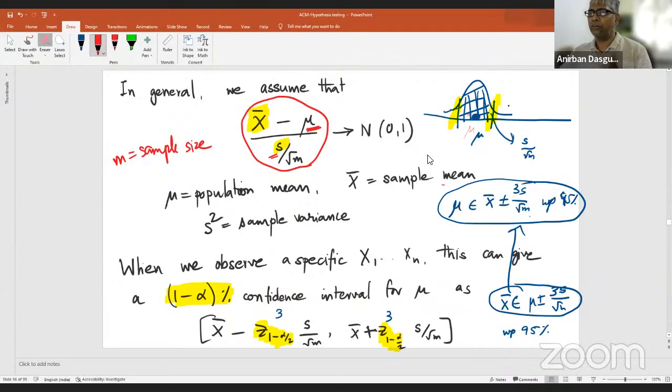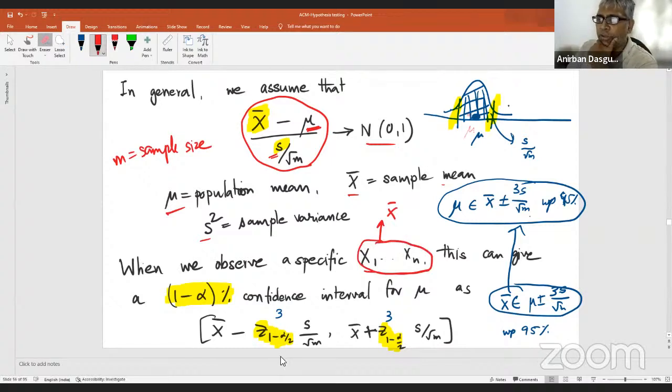Now we say that this approaches N(0,1), where these are the corresponding quantities, and suppose we observe a specific sample X1, X2, ..., Xn, and from this you calculate the X bar. So this is the distribution. Now you take a sample and calculate the X bar from the sample.